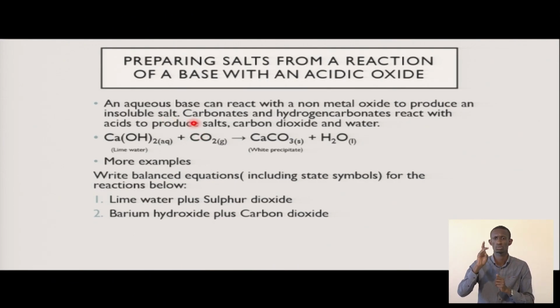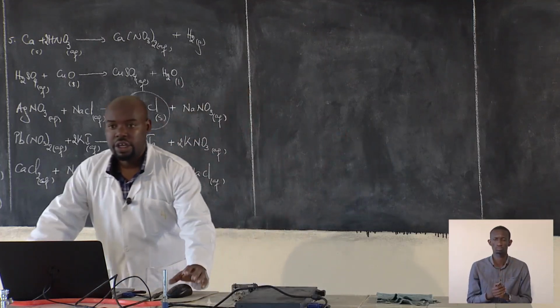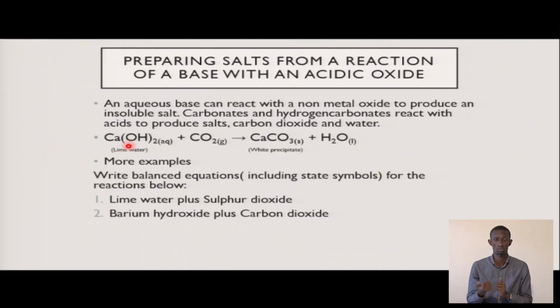And carbonates and hydrogen carbonates react with acids to produce salts, carbon dioxide, and water. We know that. But what we need here the most is the reaction of an aqueous base and a non-metal oxide. Let us take the example of calcium hydroxide. Here we have calcium hydroxide. You see it reacting with carbon dioxide.